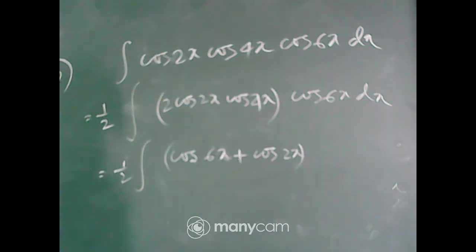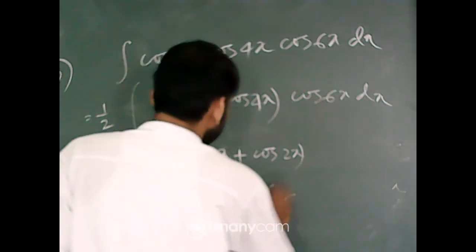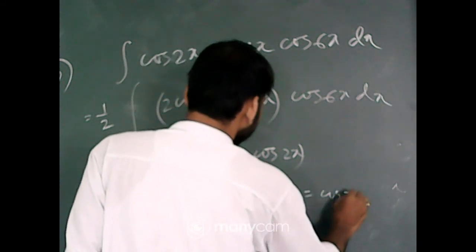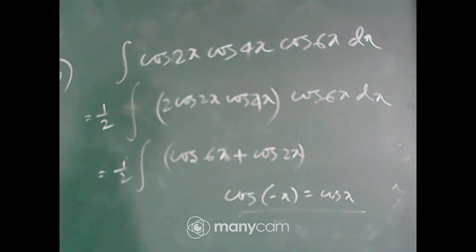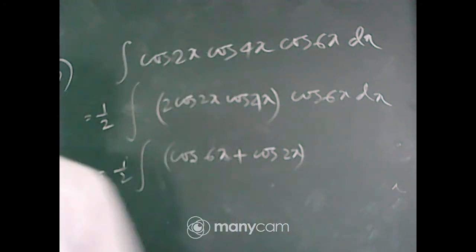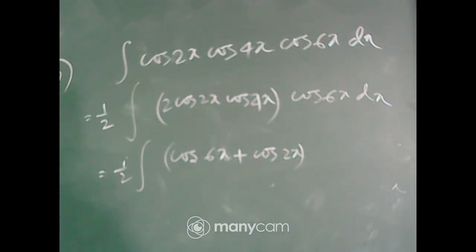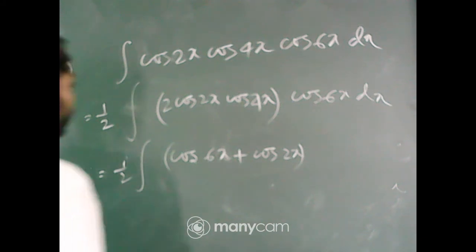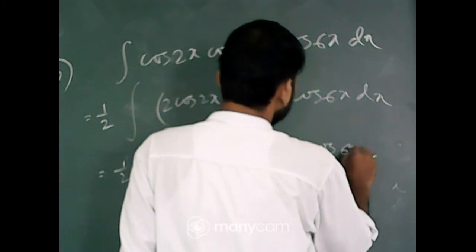You know that cos of minus x means cos x. So, the formula is cos of a plus b plus cos of a minus b, into cos 6x dx.